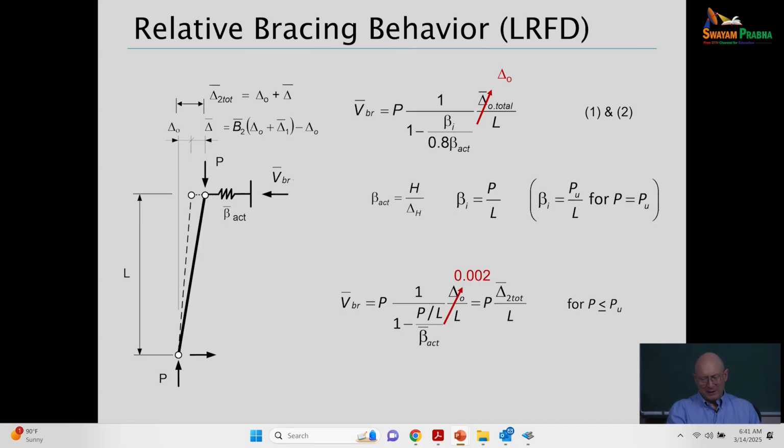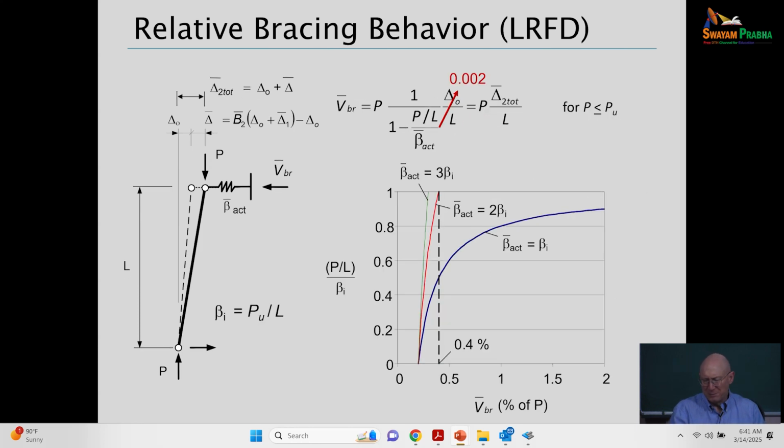Now, in AISC, we take delta naught over L as 0.002, or 1 over 500. And so if we take that equation, we have an equation where we can ask what's the brace force at different levels of P as we increase it from 0 up to PU, the required strength for the column. On the vertical axis, that means increasing from 0 to 1.